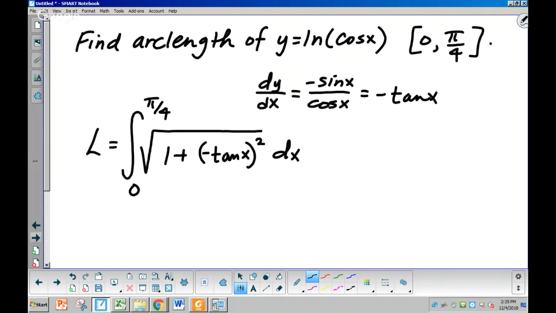I know that the cosine of 0 is 1, and ln of 1 is 0. Then cosine of pi over 4 is root 2 over 2, which happens to be a number less than 1, because it's 1.414 divided by 2.